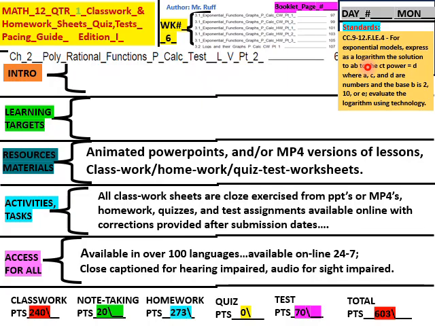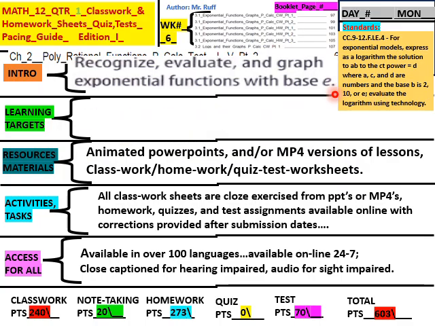Express as a logarithm the solution to ab^(ct) = d, where a, c, and d are numbers, and the base b is 2, 10, or e. Evaluate the logarithm using technology, so using a lot of calculator work in here.